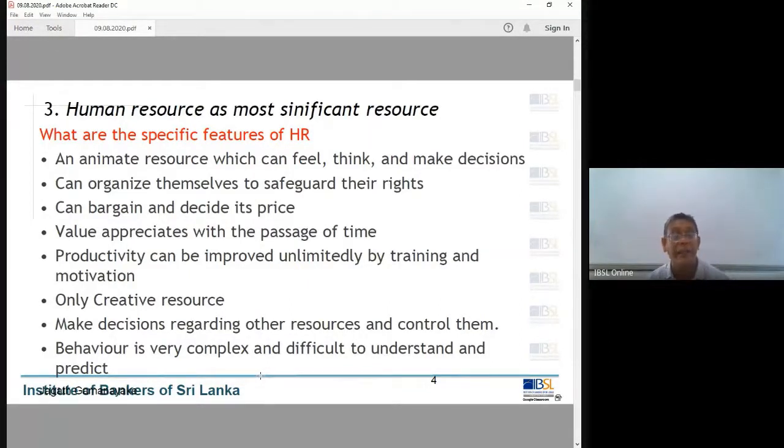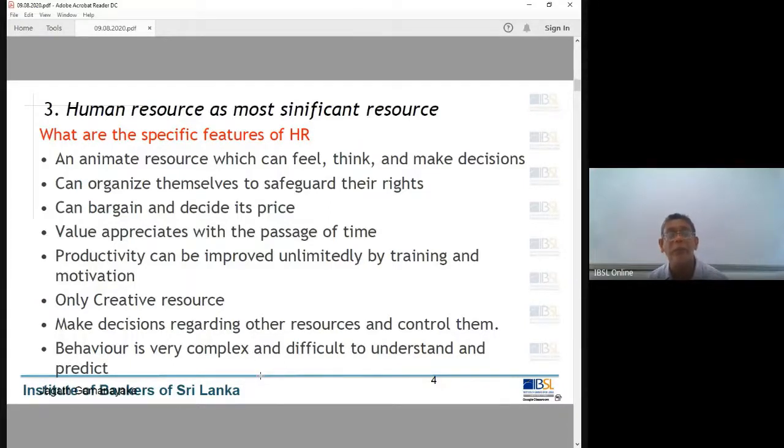There may be other resources like physical resources and financial resources. But human resource is the most significant resource when compared with other resources.